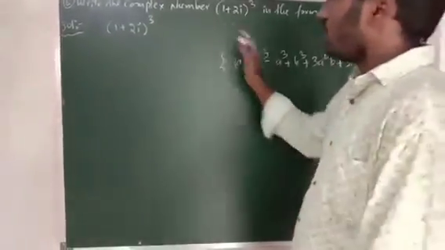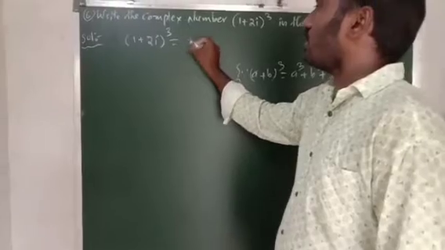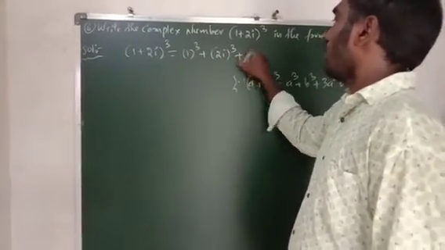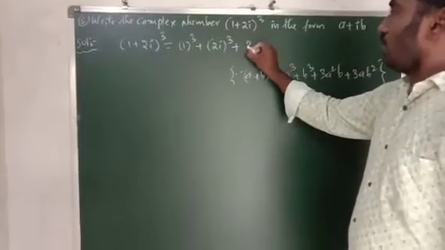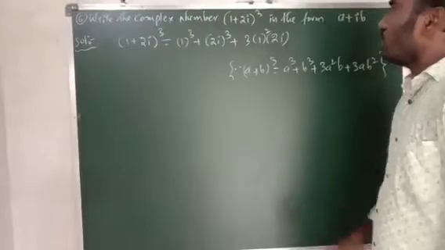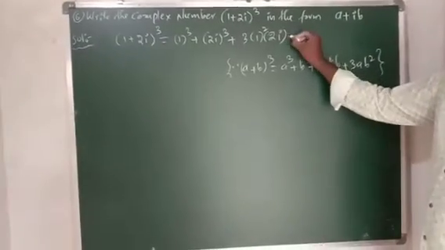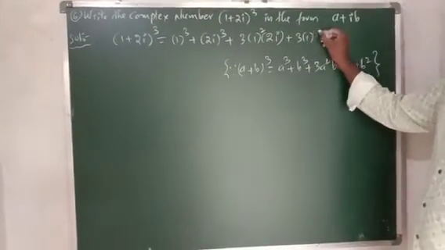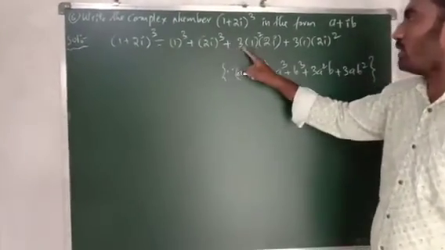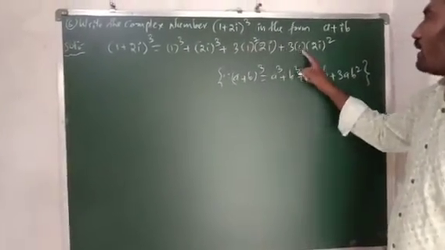Now apply this formula to the given complex number: 1³ + (2i)³ + 3 into 1² into 2i + 3 into 1 into (2i)².